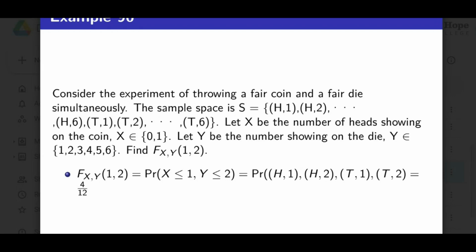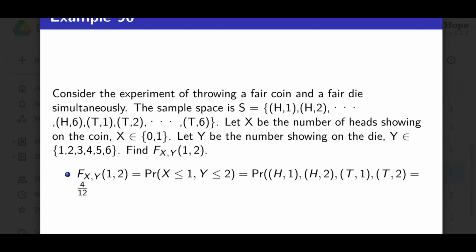So either you get one head or you don't get a head, and your die score is 2 or less: 1, 2, 1, 2. Do you agree?